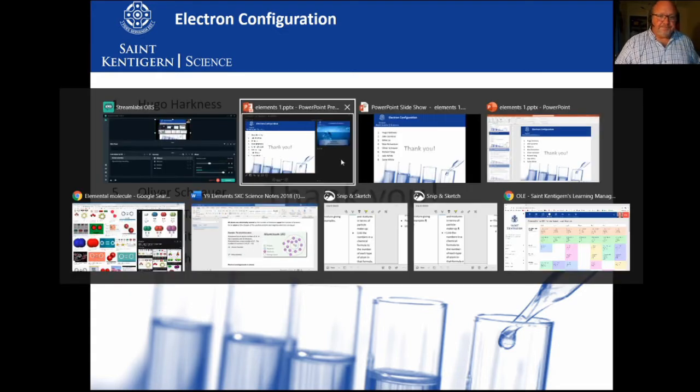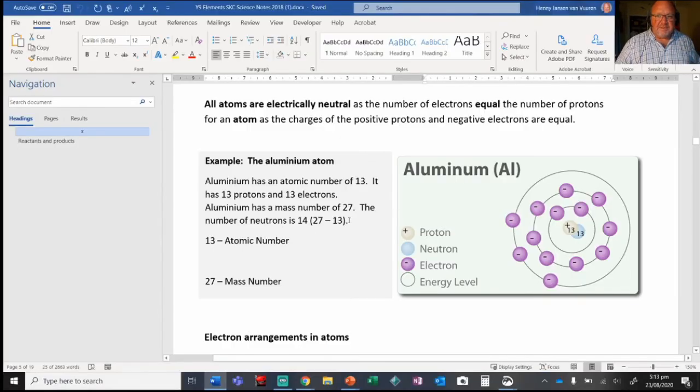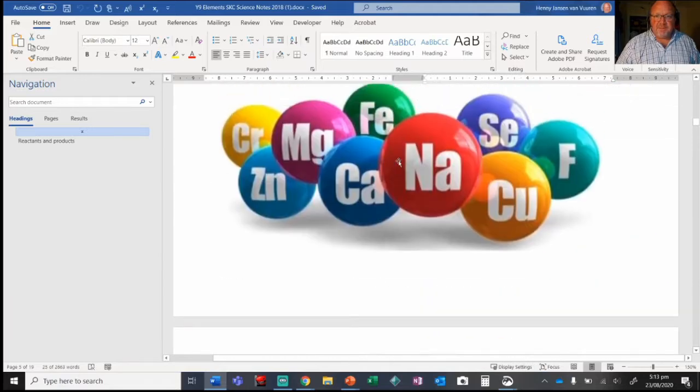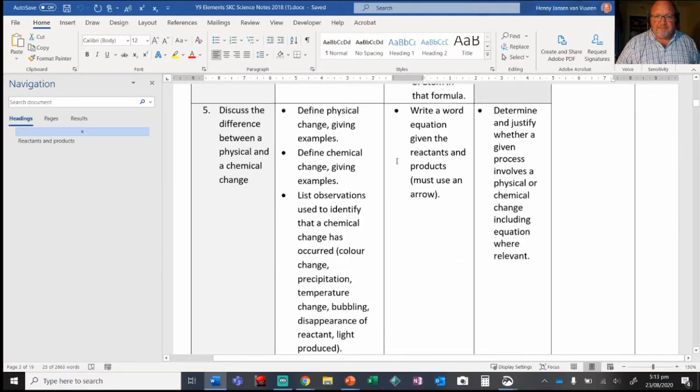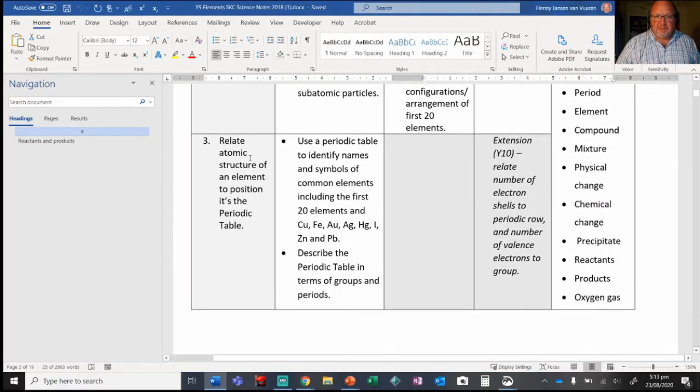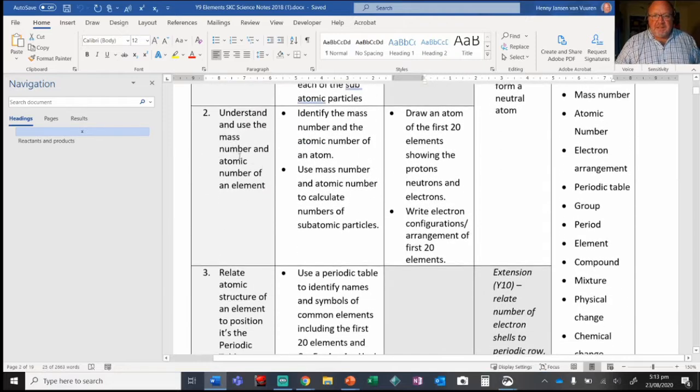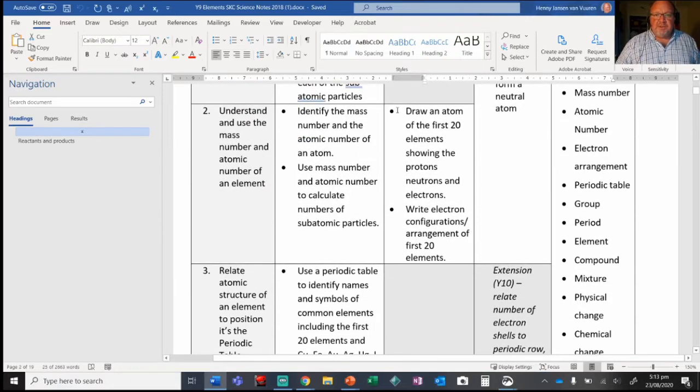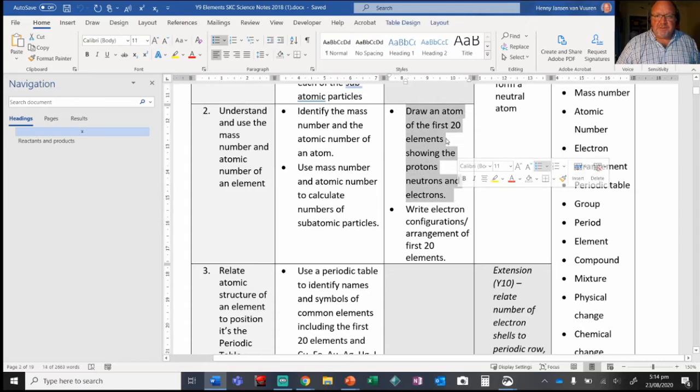When you look at our specific learning outcomes, you can see here that SLO2 is draw an atom of the first 20 elements showing protons, neutrons, and electrons. Okay, again, only 8 of you did that for me.